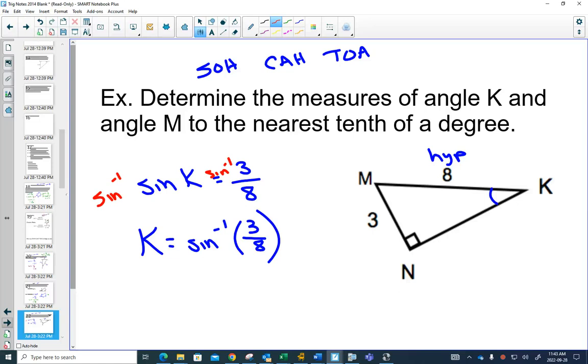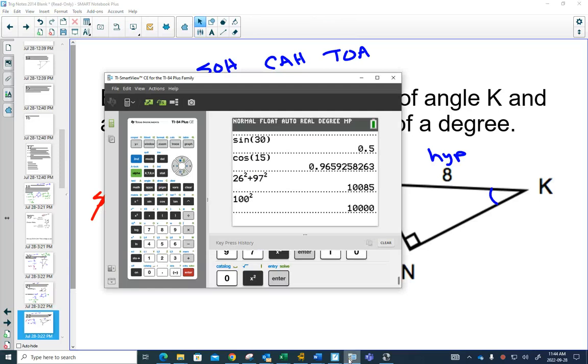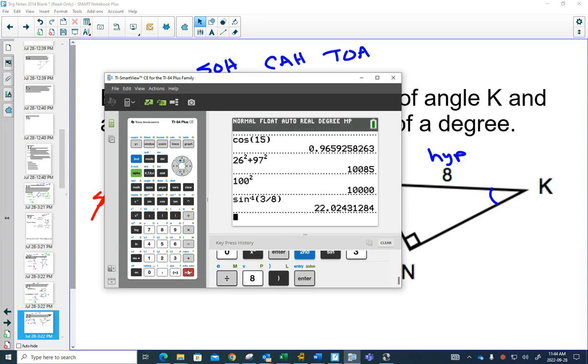You could go cancel, cancel, and just get this. We don't like writing essays or even words. So we just write K is the sine inverse. Go to our calculator, type in sine inverse of 3 divided by 8, 22.02.